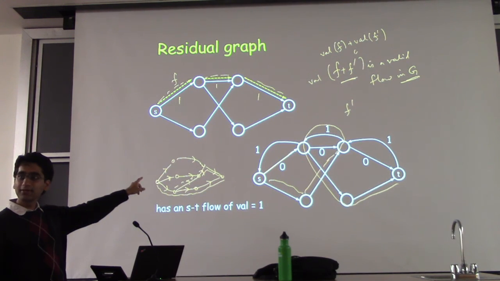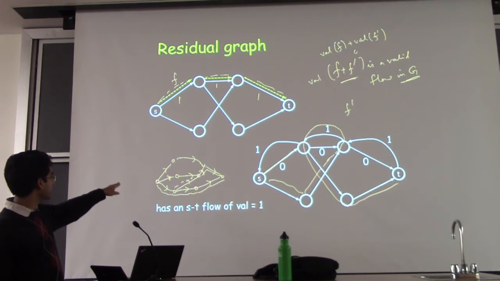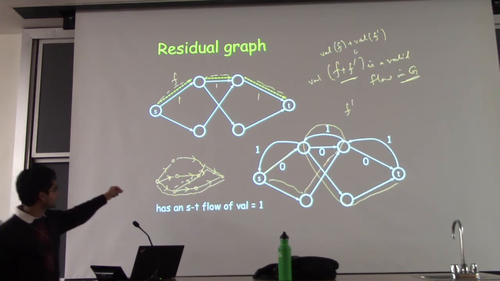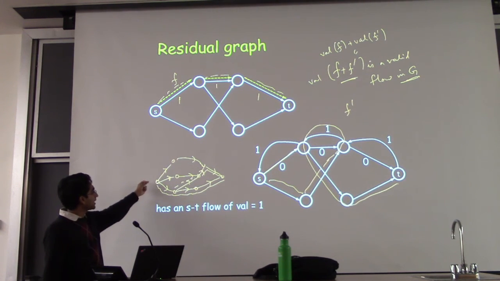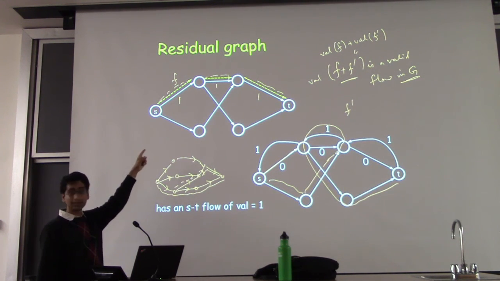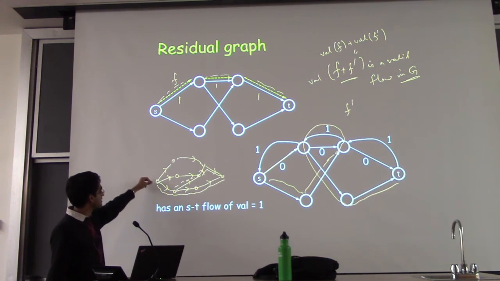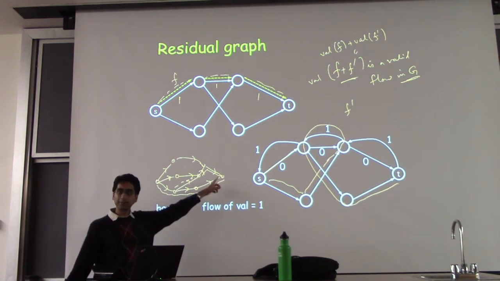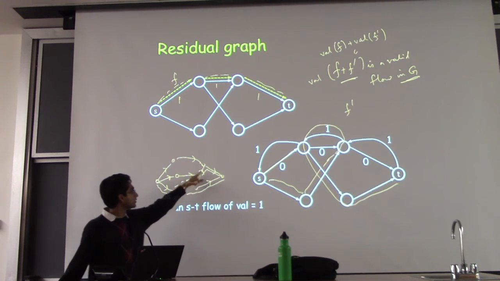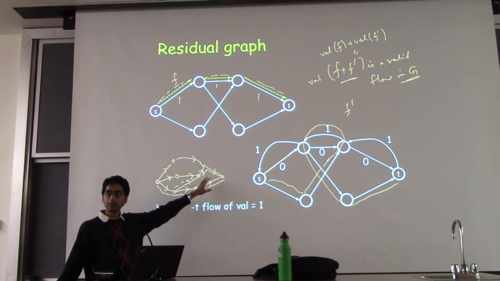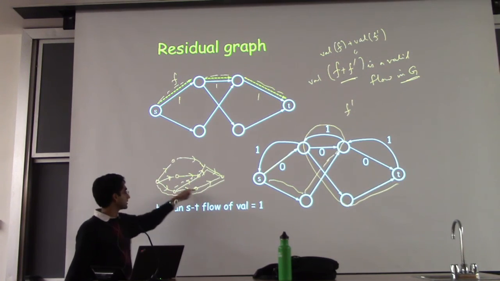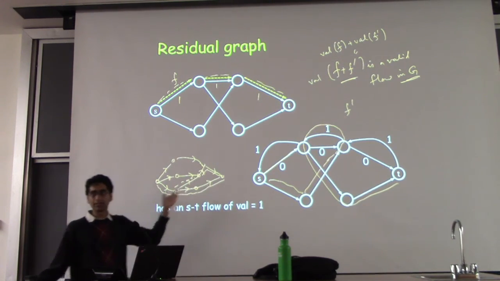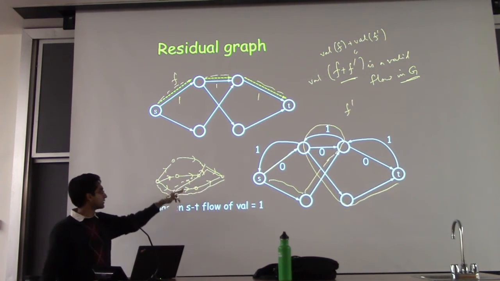Can you see this, by the way? Yes. Okay. So in this example, my original flow is a bit more complicated than that. There it was just one path, right? Here the flow consisted of something that goes along this path plus something over here. That's still a flow, depending on the capacities. So suppose this was the case.